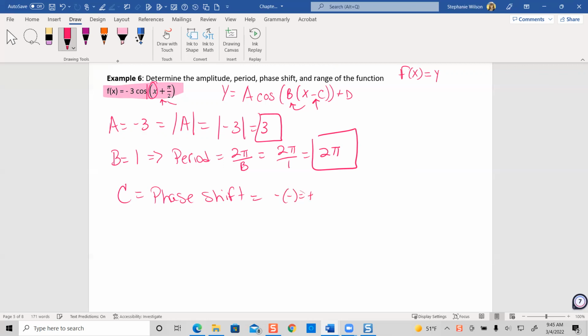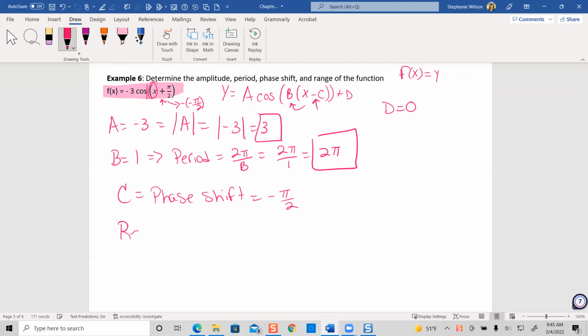So we have to break this apart as negative times that negative pi has. So actually minus that negative pi has. So that's what my phase shift is. Now let's talk about the d. Well, there is no d here. So d is our vertical shift and it's 0 here. So we're not making any changes to that.